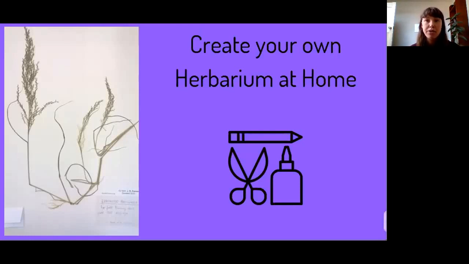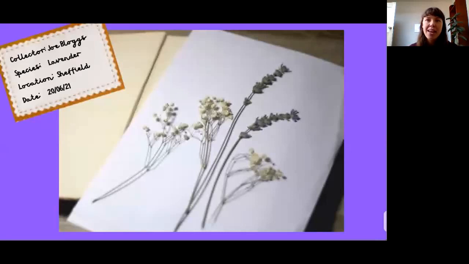I actually sometimes use the little manicure tools that you get in a nail kit, so anything like that will work well. And when you pick your specimen, make sure it has all those ID features you need. So the flower, a bit of the stem, maybe the seed pods if it's got some, and some leaves. And you sometimes need those basal leaves closer to the bottom as well.